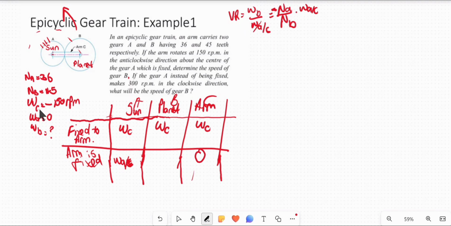We even made sure to write this omega C as negative 150 RPM because we need to be careful with our directions and our signs when we're dealing with these gear trains. So that puts the speed of omega B as negative NA over NB omega A with respect to C. We are done. We underline.